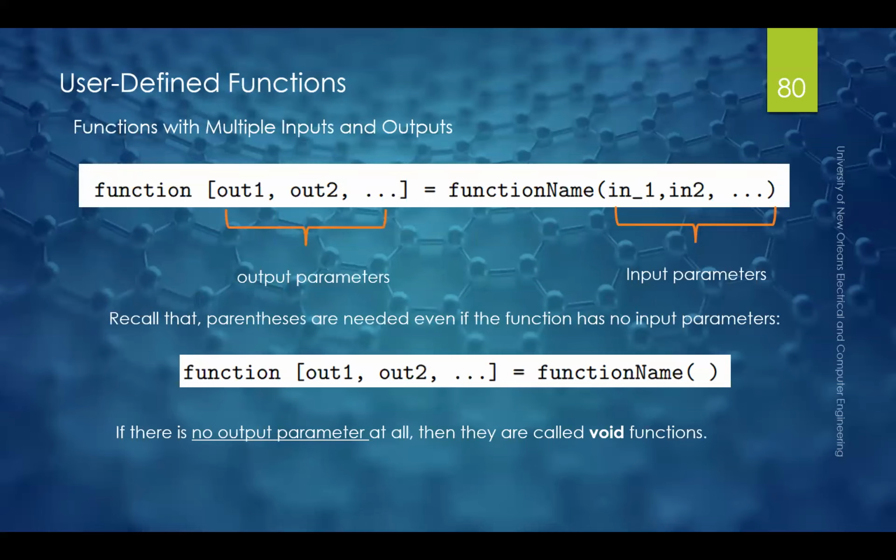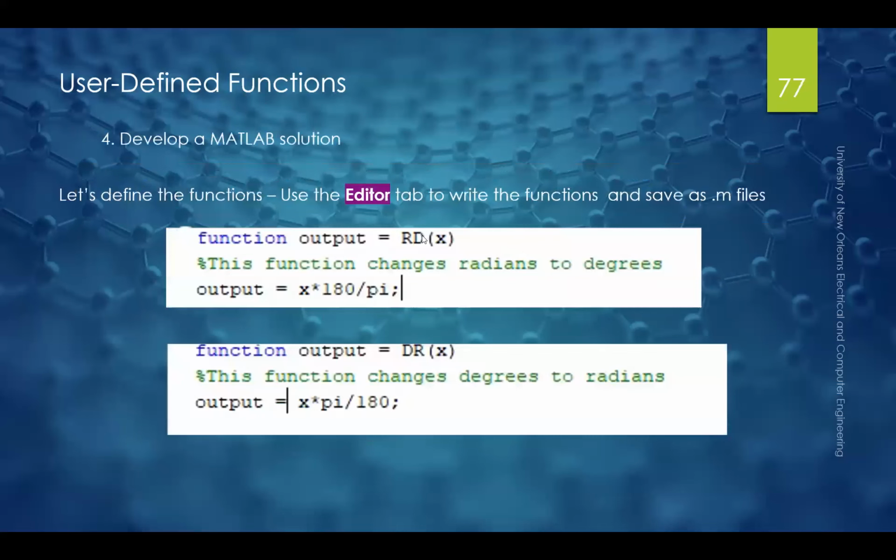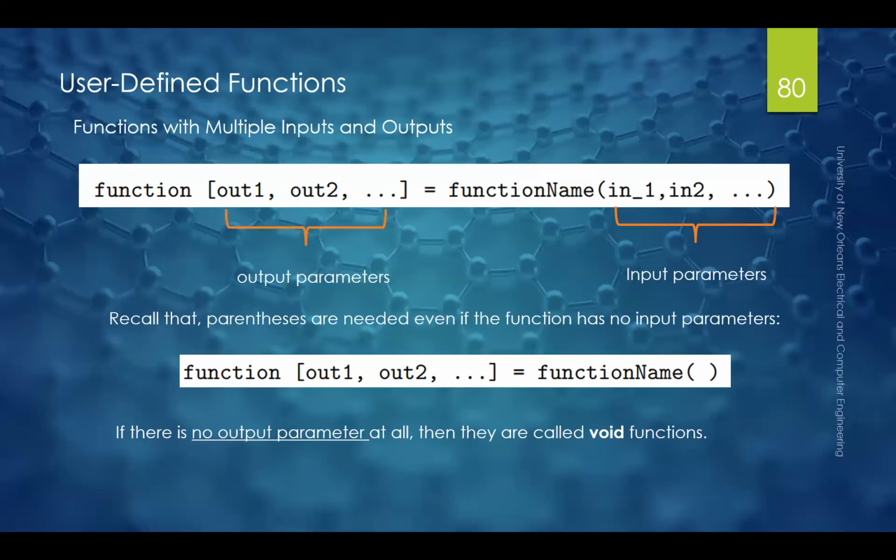Okay. Now, we can also obviously have functions that have multiple inputs and outputs, right? The ones we looked at here only have one input, one output. But obviously, there are cases where you're going to have more than one of each.